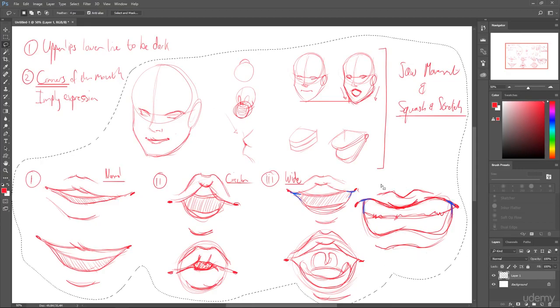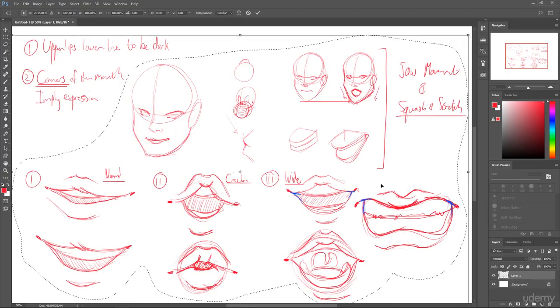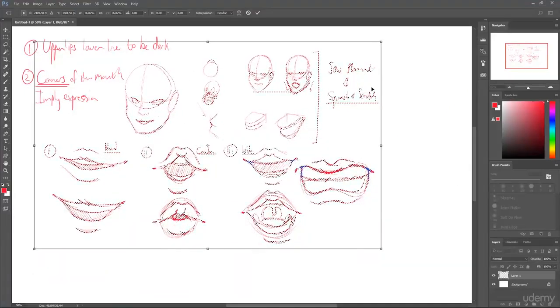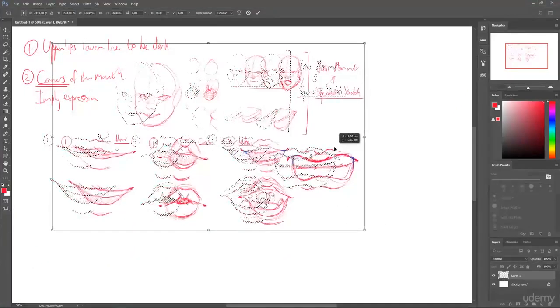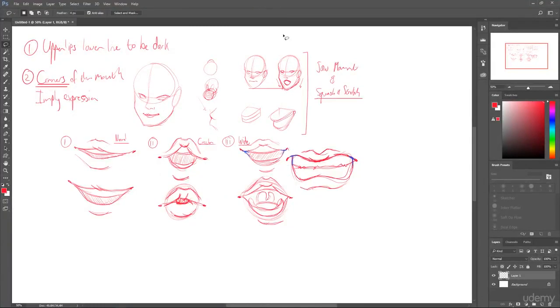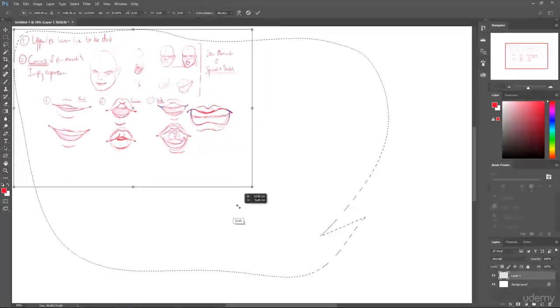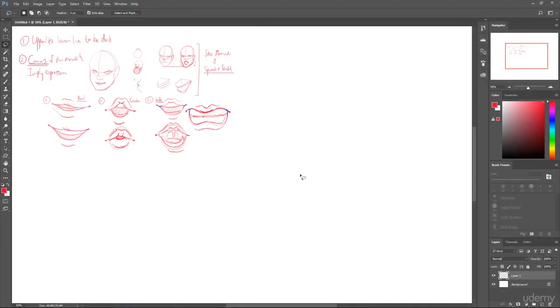Now, of course, you can take this into varying levels of detail, but we're going to look at a key area of movement that really affects characters' faces. And that key area of movement, in fact, let me just take all of these guys because I just need a little bit more space here, that key area of movement for us is the cheek movement.